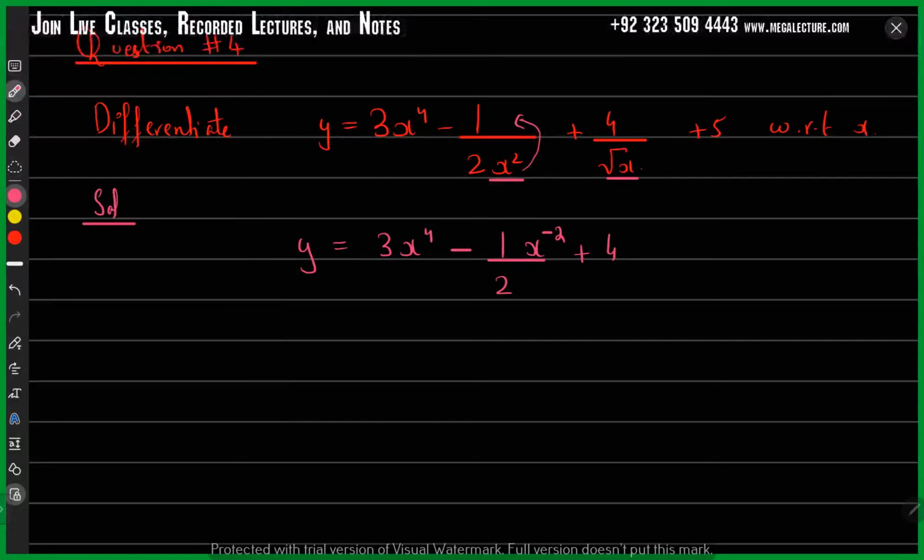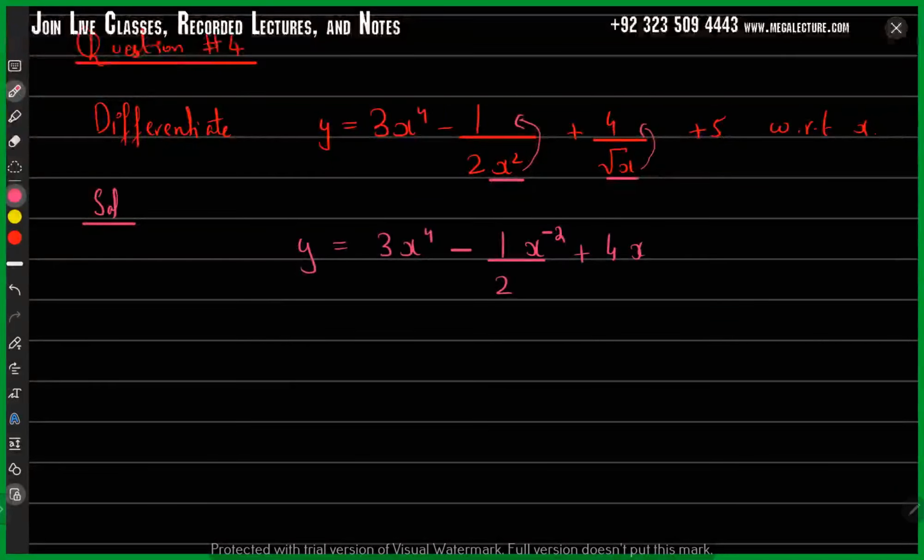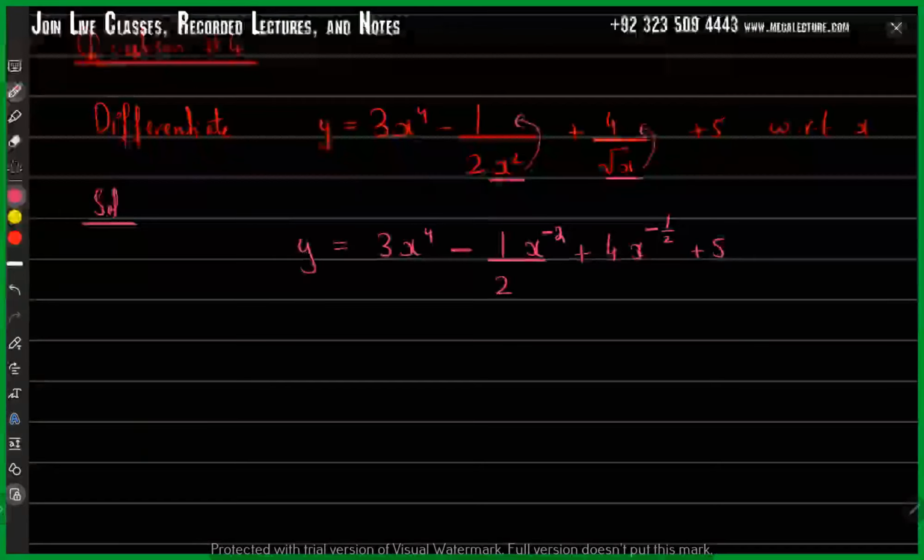When I take this x to the power 1 by 2 from denominator to numerator, it would become x to the power negative 1 by 2. Very good. Plus 5. Okay. So I have written the equation again, just so all the x's in the equation are in the numerator and their powers are mentioned specifically. Now we can differentiate.